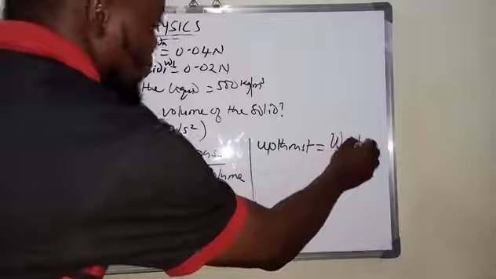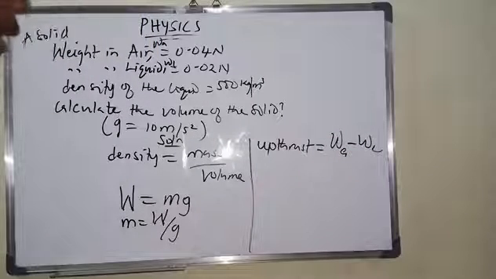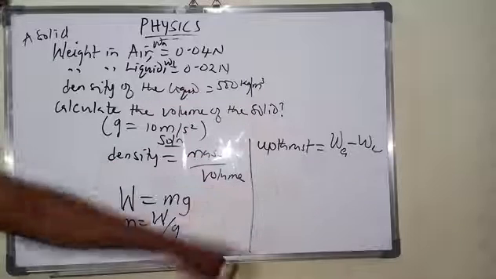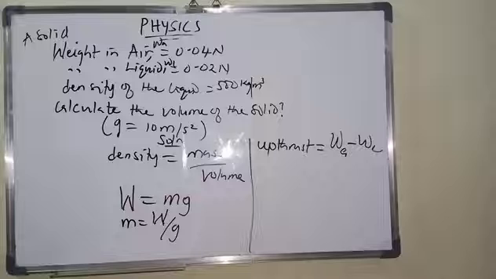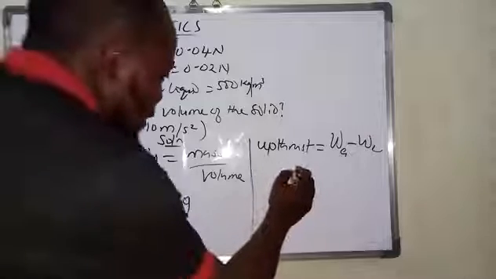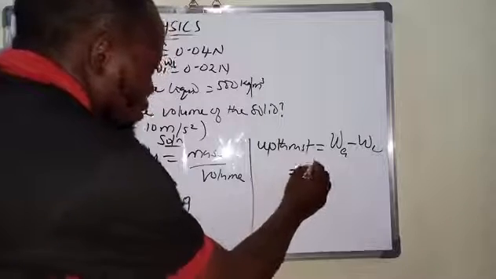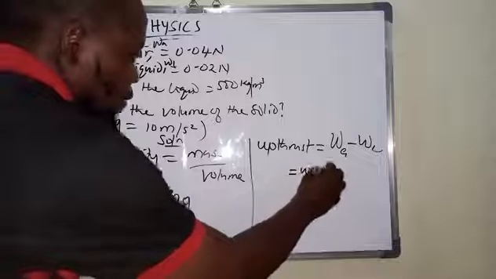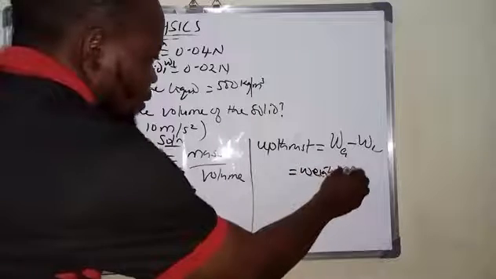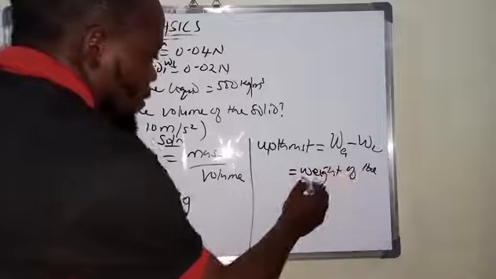So weight in air minus weight in liquid is taken as the upthrust, and this upthrust equals the weight of the liquid displaced. What are we saying? That this equals the weight of the displaced liquid.